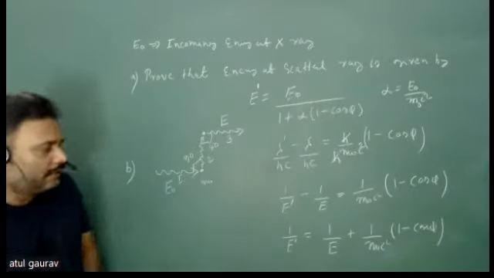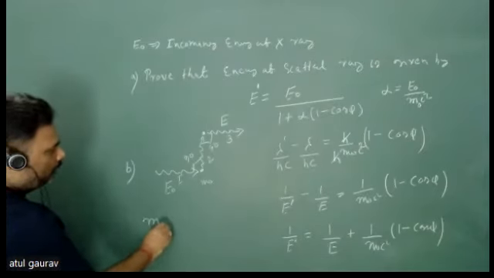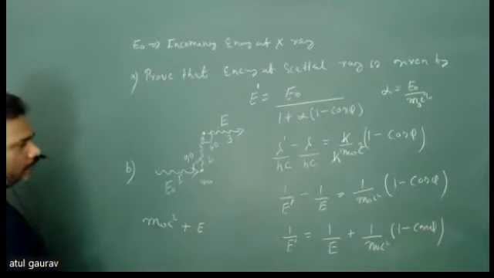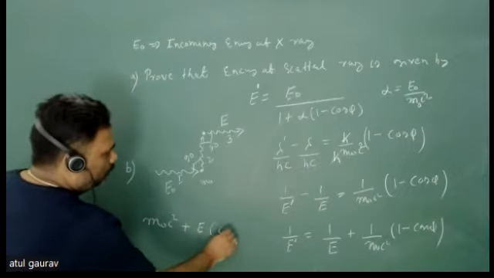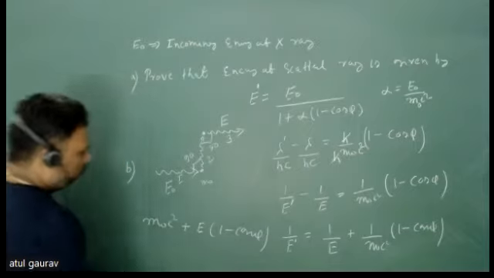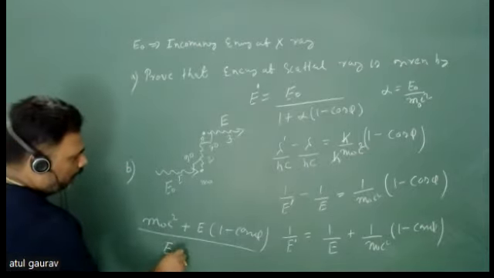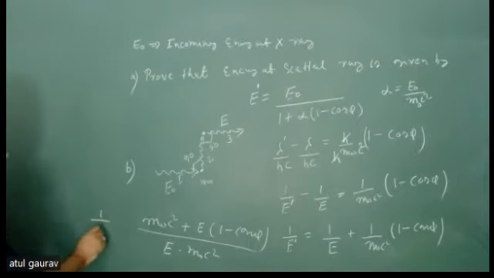We can simplify this. So what will be this value? m naught c square plus E times 1 minus cos phi, divided by E into m naught c square, and that value is 1 upon E dash.